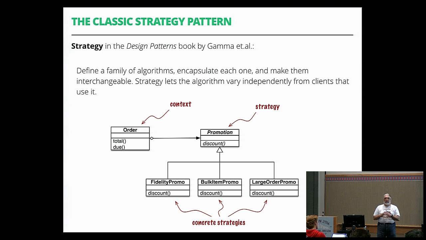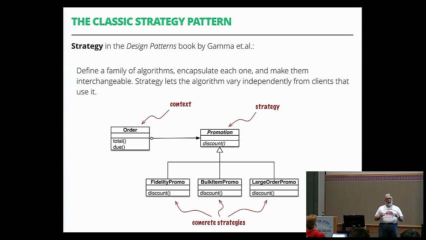But he says that in dynamic languages, and Python is an example of a dynamic language, you have to rethink many of the original design patterns. The original book has 23 design patterns, and he claims that you have to rethink 16 of them, I think, is the number he gives, okay?